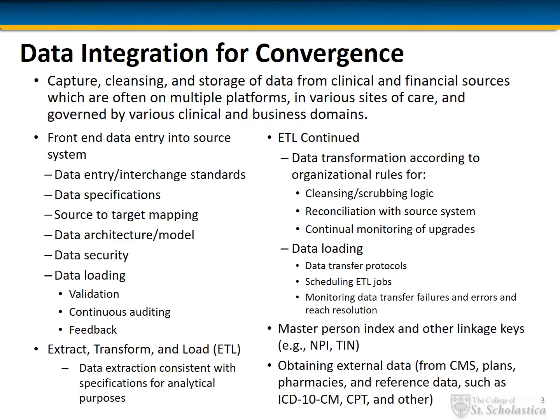Front-end processes should start with ensuring there are data entry standards and interchange standards for the source systems from which data will be extracted for placement into the data warehouse. These include edit rules at the point of data entry, data reconciliation checks, and other accuracy reviews.